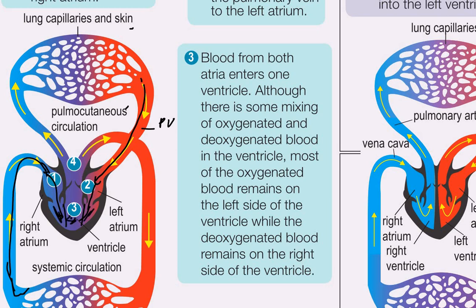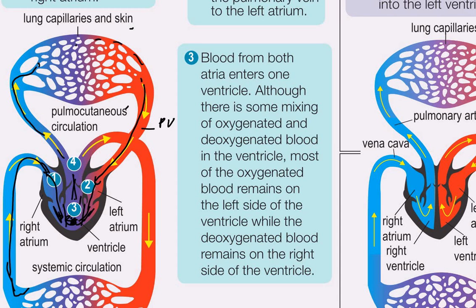So in the middle will be a big mix, right? And three. Then after that, what happened? This blood from the ventricle will flow first, one, into the pulmocutaneous circulation so that gas exchange will occur, so the blood will get the oxygen and become oxygenated blood.